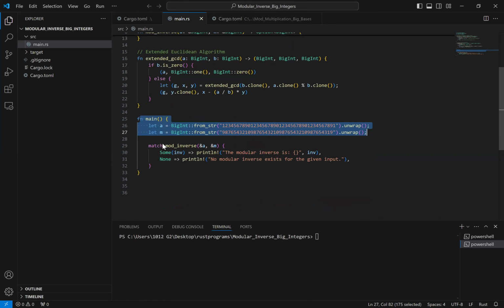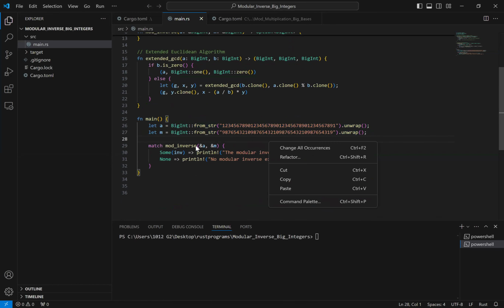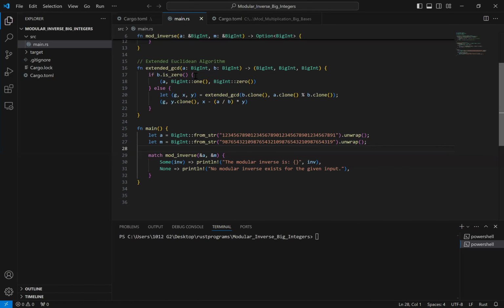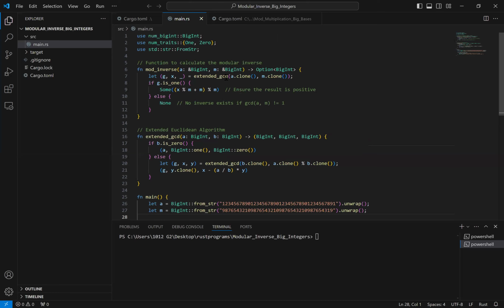So the main function calls on the modular inverse function. And the modular inverse function calls on the extended Euclidean function. The modular inverse function is here. It calls on the extended GCD function. And the extended GCD function takes over and then computes the GCD.